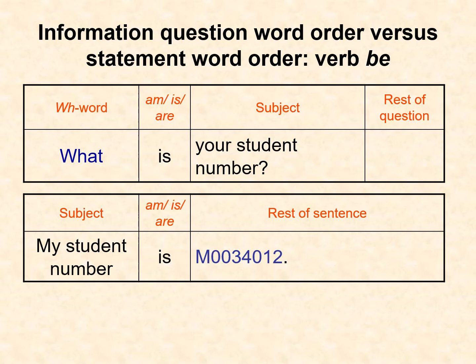We get is, and then we get the missing information. We get the answer to the what part of the question, M00 34012. So notice how the order of the words in the question is different than the order of those words in the answer. This is very important in English because word order is one of the principal signals that a given sentence is a question or a statement.